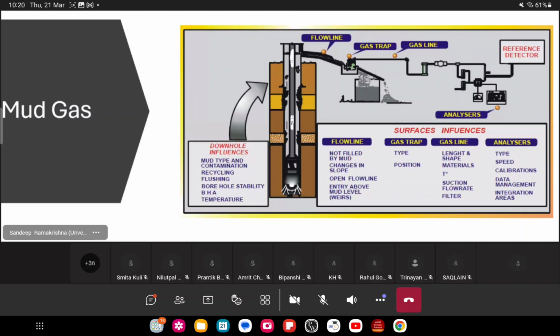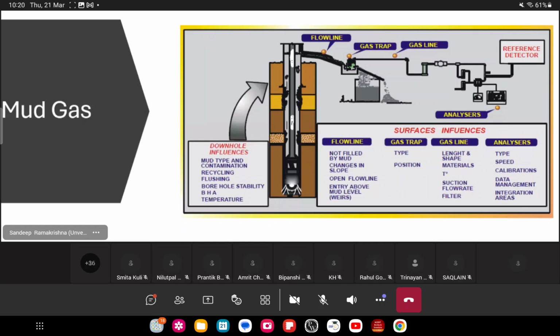But here, primarily, what we want to do is get the gas out of that system so that the mud can be reused before it goes back again to the mud pumps and starts getting back into circulation. You want to strip all the gas out of it. And that's what the gas trap does. Extremely important to have that gas trap if you are expecting that some gas is coming back.